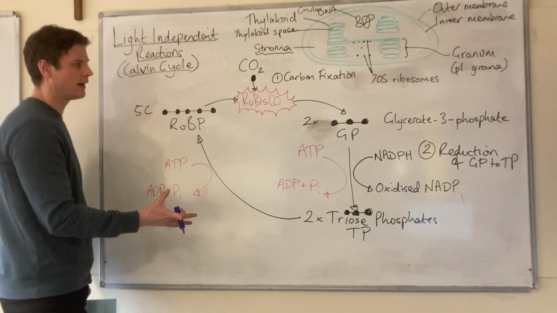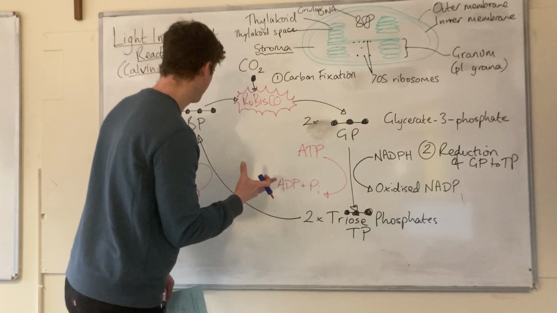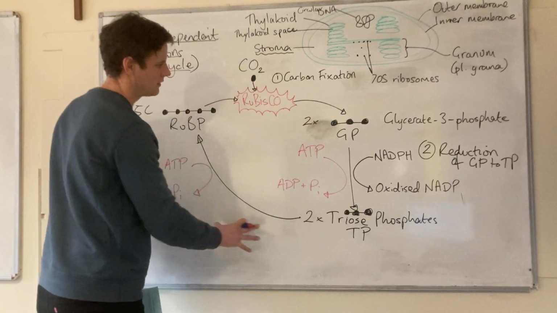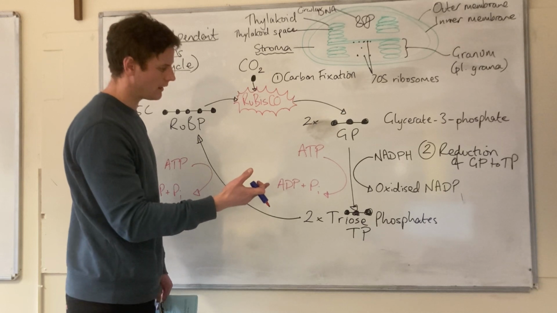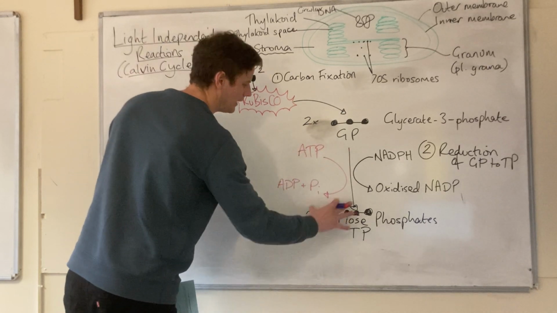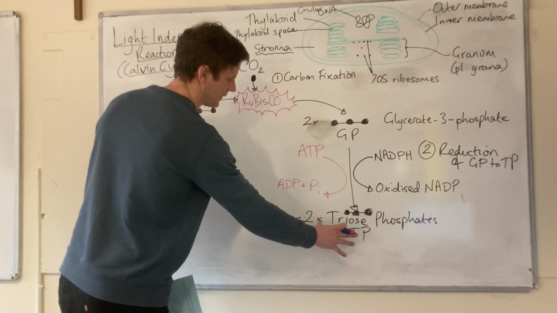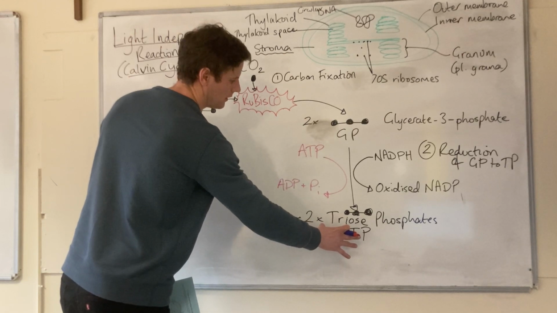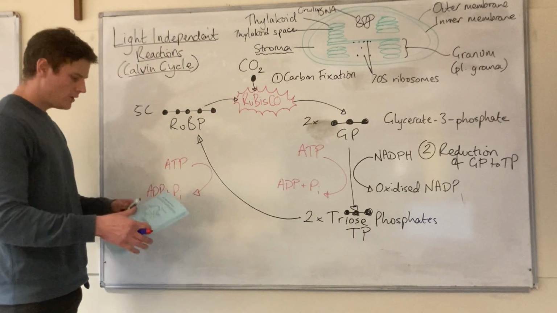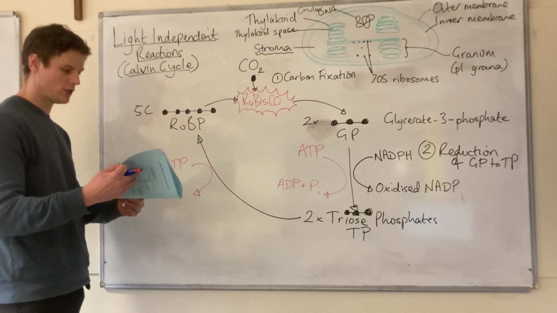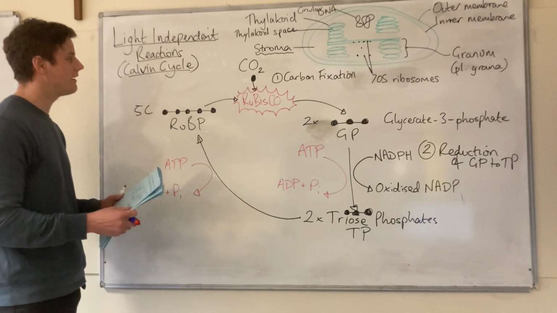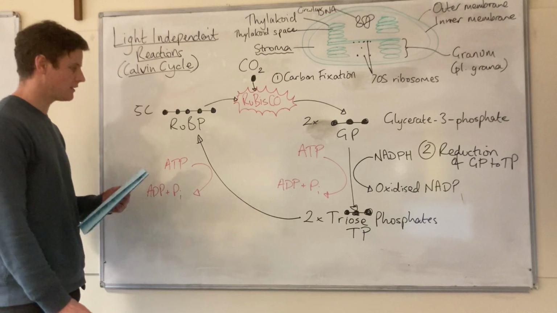The answer to that comes from the idea that this reaction is taking place continually, and we get an accumulation of triose phosphate. In your notes on page 22, there is a balanced diagram.